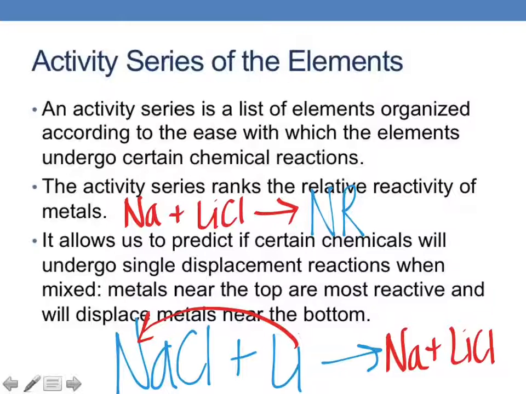If you have money made out of lithium in your pocket and you put something else in there, then you're going to start feeling really hot in your pants, and it's probably going to be a fire or something, a chemical reaction. Okay, so that is what the activity series is.